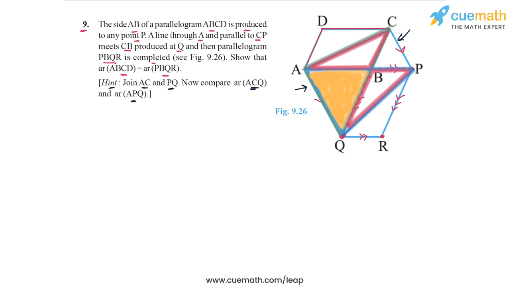So the double of the area of ABC is the area of ABCD, the whole parallelogram, and the double of the area of PBQ is the area of PBQR, which is the whole parallelogram. So if the areas of ABC and PBQ are equal, then the areas of the two parallelograms are also equal. So this is the reasoning that we are going to apply to solve this problem. So now let's write out the proof step by step.